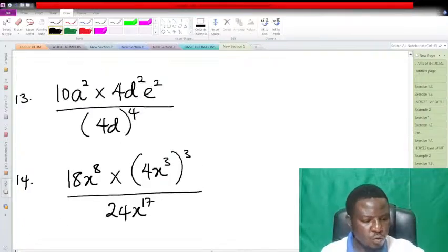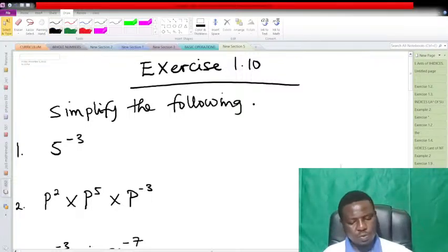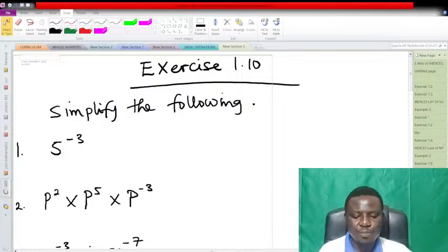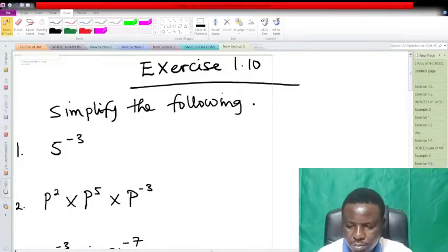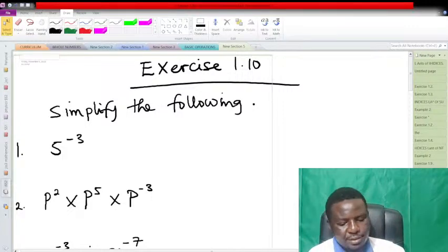Okay, so for today, let's look at this. All right, so Sarah, I'm going to be solving this. Do you understand all I have explained now? Okay, so let's go ahead in solving this.